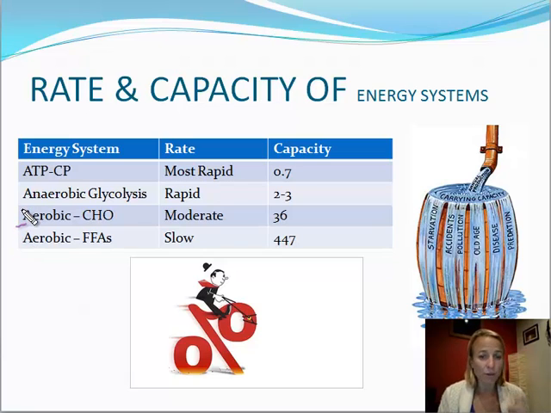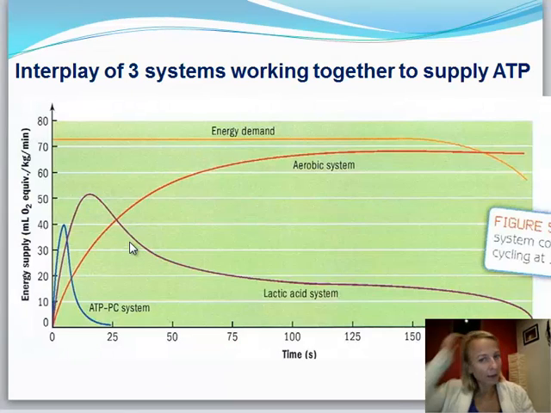Remember that any activity that lasts over about 2 minutes is going to be predominantly aerobic. Although all 3 energy systems contribute, if we go back to the previous graph, this one reminds us that in an activity that requires you to go all out, after a good 60 seconds, it's predominantly aerobic.